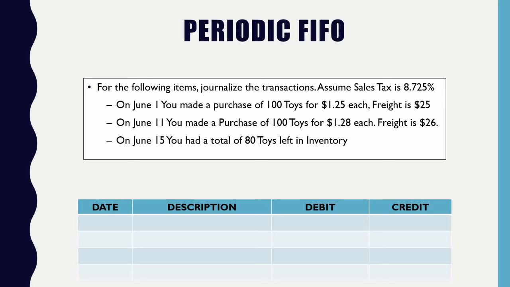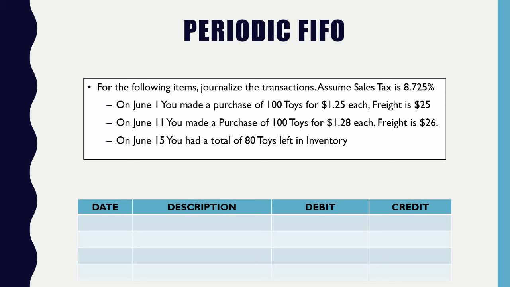Then on June 11th, you also made a purchase of inventory of 100 toys for $1.28 with freight of $26. And lastly, on June 15th, you had a total of 80 toys left in inventory. Okay, so let's go ahead and break it down.